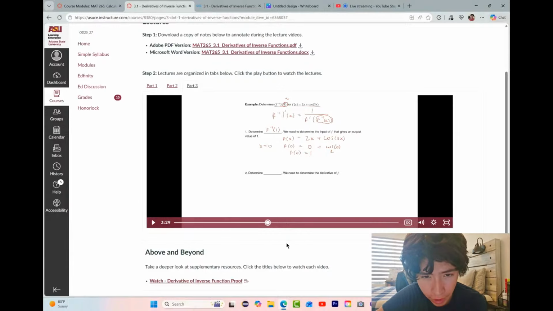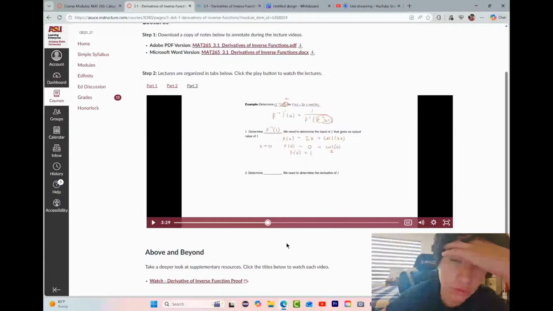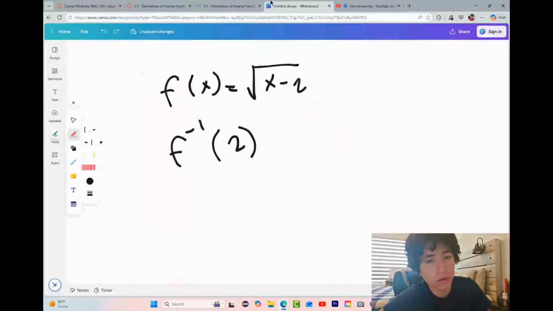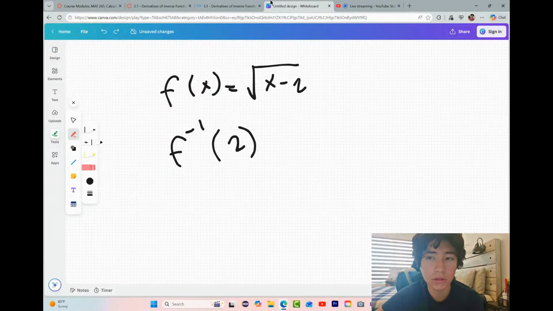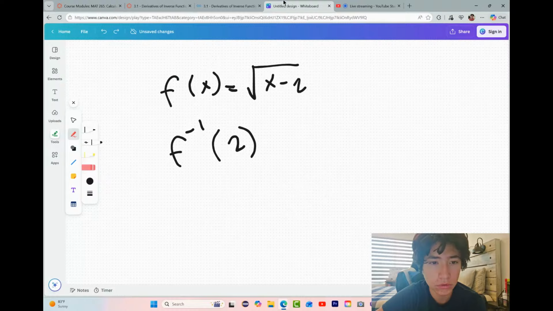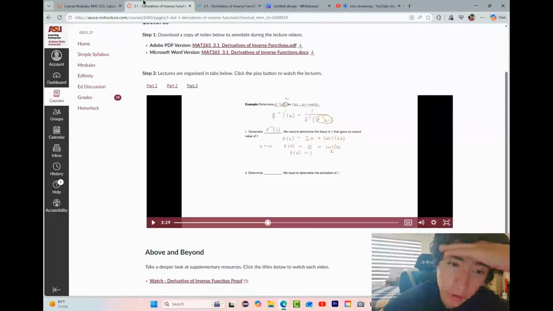So if f of x equals that, we need to determine the inverse evaluated at x equals a. So in this case, our x equals a is 2. Oh, that equals, okay. Wow, this is hard.